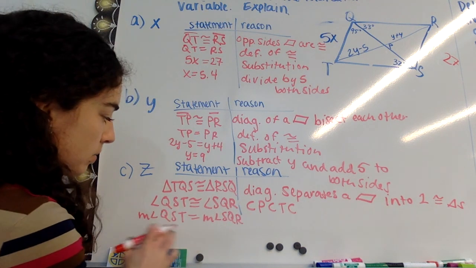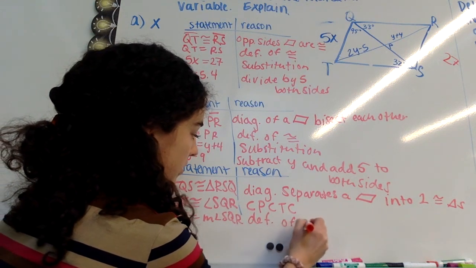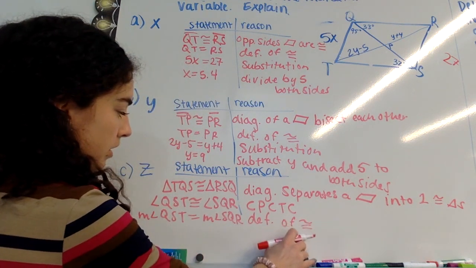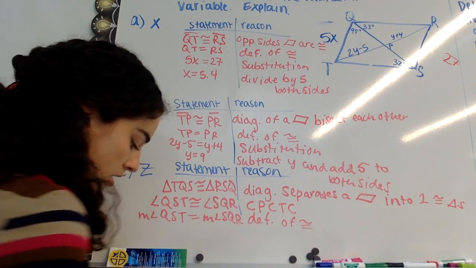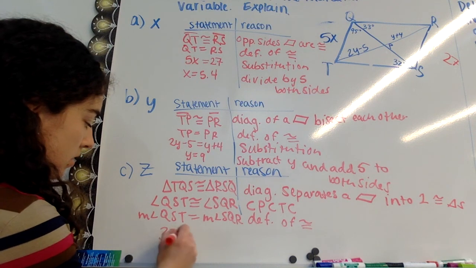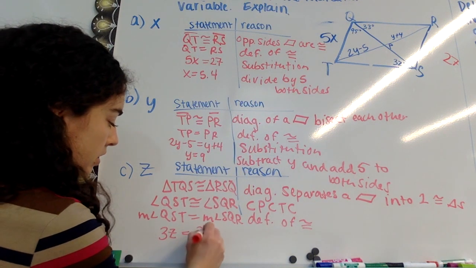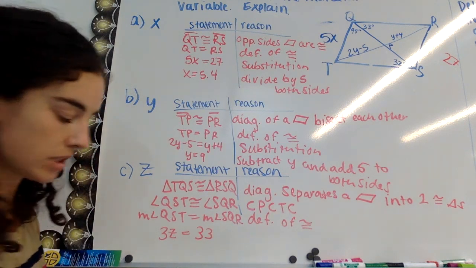So it's the same angles, but we just put it with an equal sign. That's definition of congruence. If they're congruent, then they're equal. And that means that this angle is 3z from the picture, and this angle over here is 33 degrees. That's substitution.